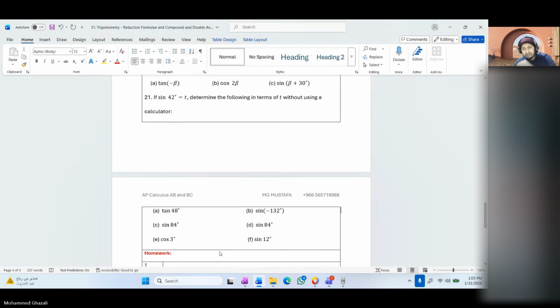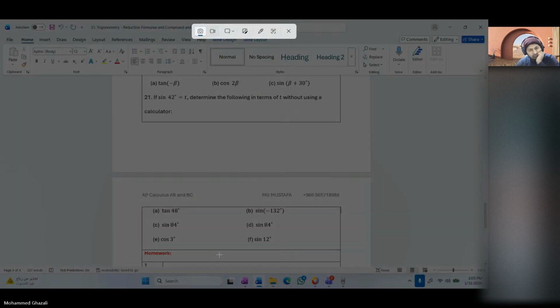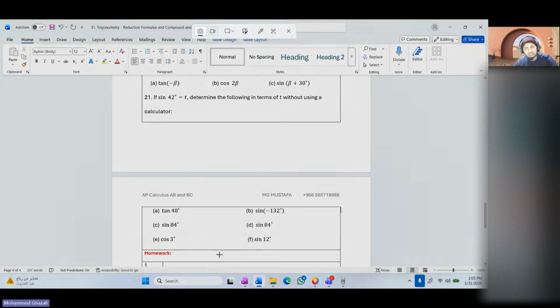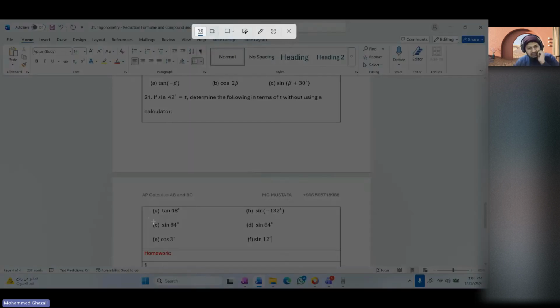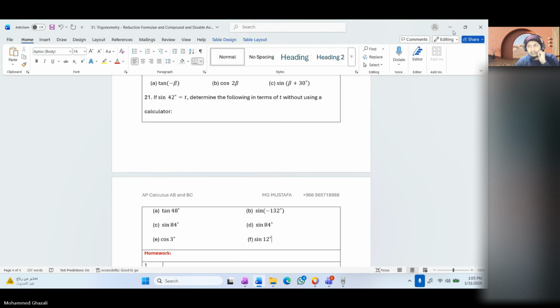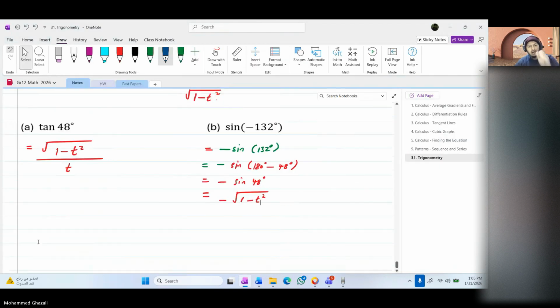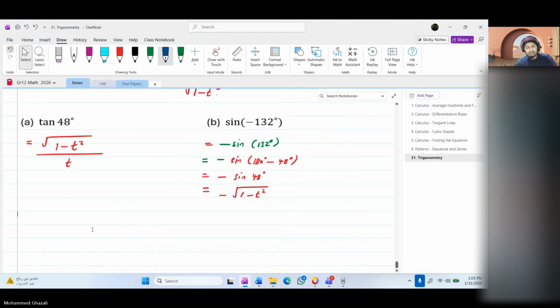Next one. That was sine 84. Right. Next one, what we want to find is sine of 84.